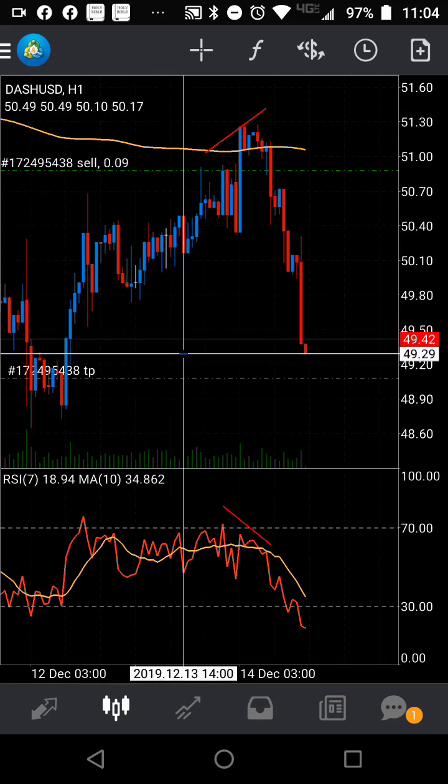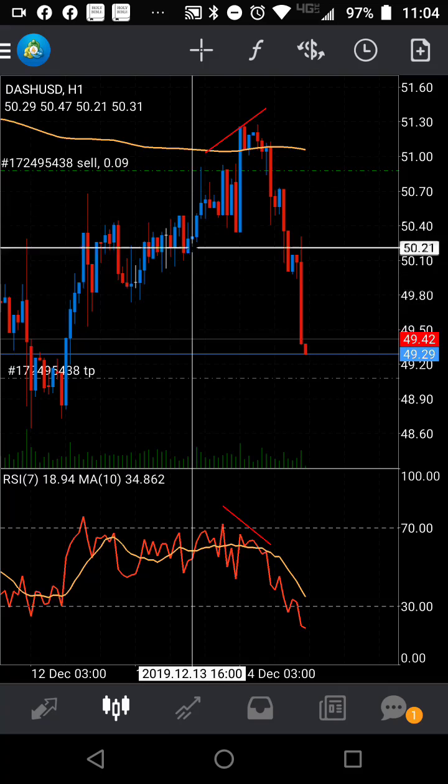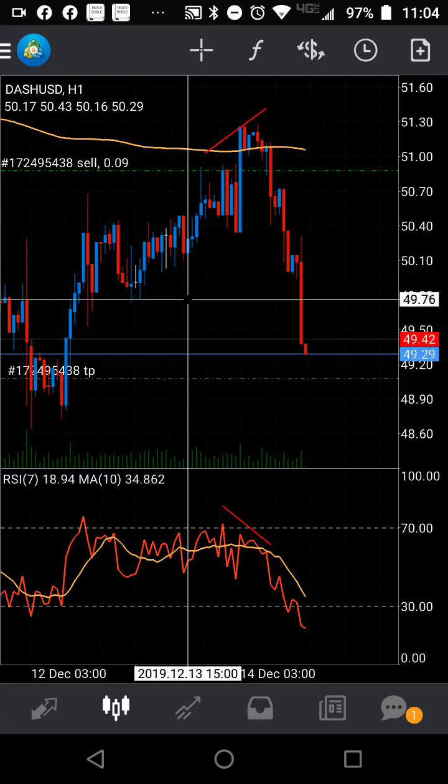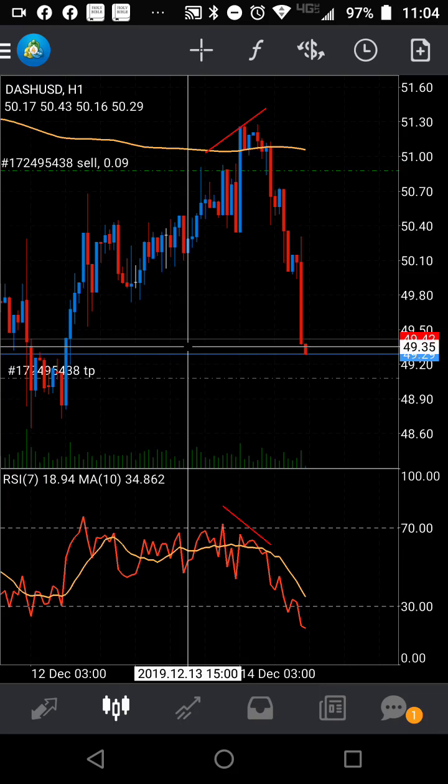So this trade right now is sitting at about $13 in profit for this morning. So instead of losing about 50 cents, 60 cents on your Dash, trading it this way, I actually made $13.